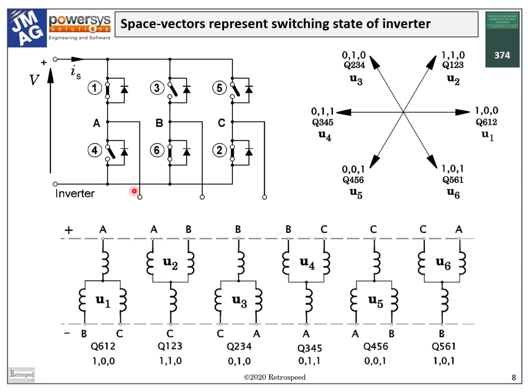And normally in an AC sine wave inverter, 3 transistors are on and 3 are off. And the particular combination defines the voltages at the 3 terminals of the motor. There are 2 additional states where all the uppers are on and all the lowers are off, and vice versa, making a total of 8 valid states.